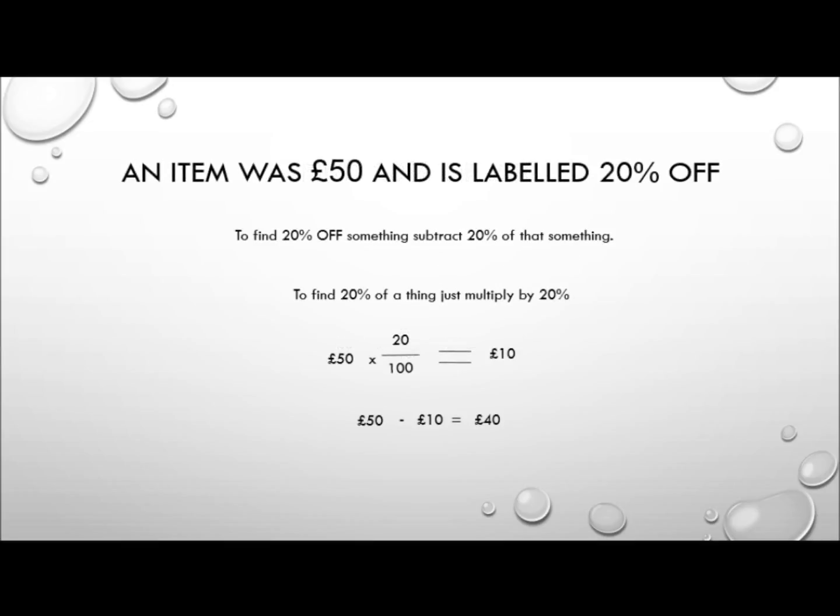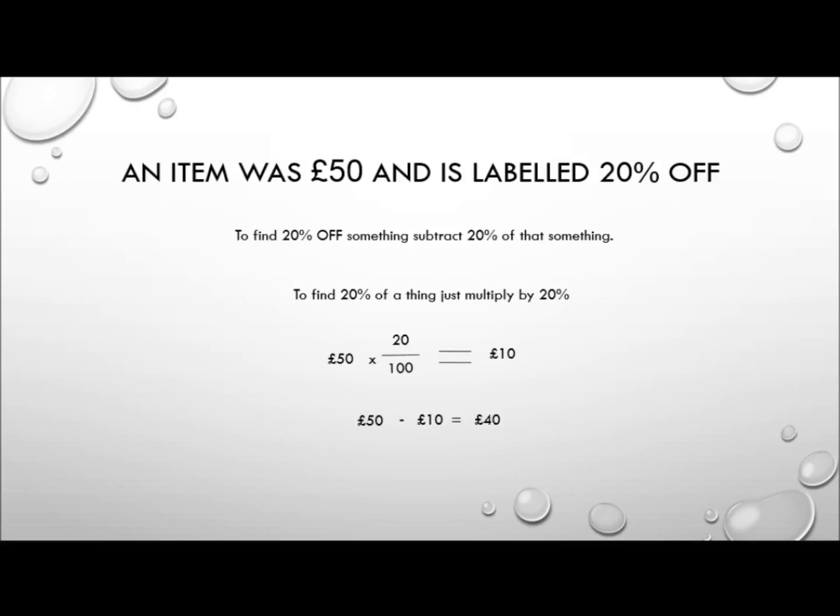What about the "off"? Let's say you're given a question like an item was £50 and is labelled 20% off. To find 20% off something, we have to subtract 20% of that something. To find 20% of something, we multiply by 20%.